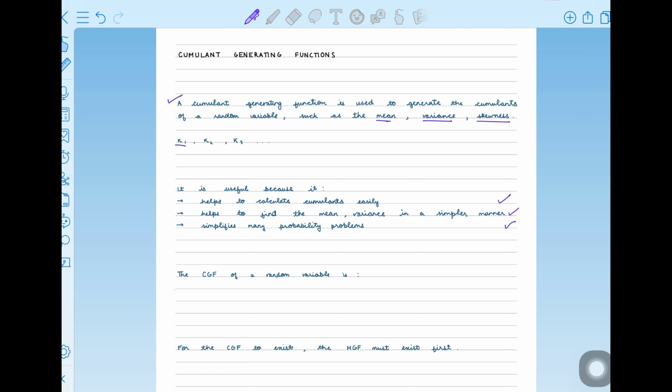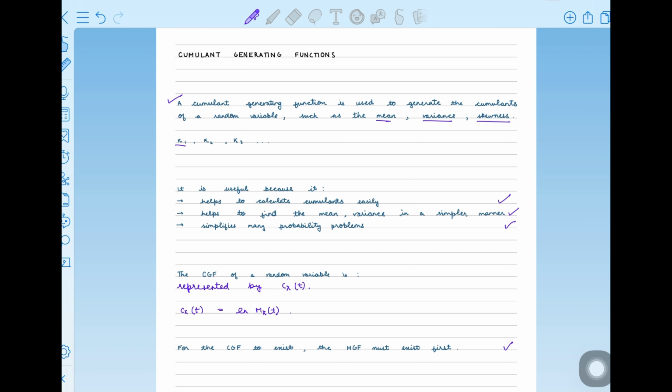The CGF, or the cumulant generating function of a random variable, is represented by, and the formula to find this is simply the logarithm of the moment generating function. For the CGF to exist, the MGF must exist first.